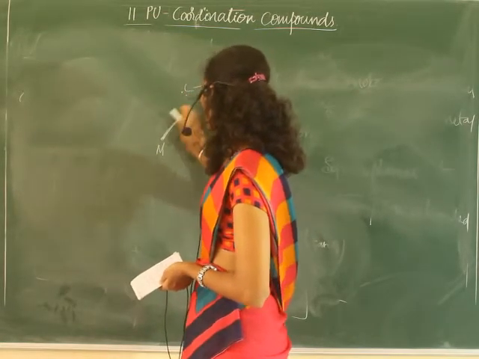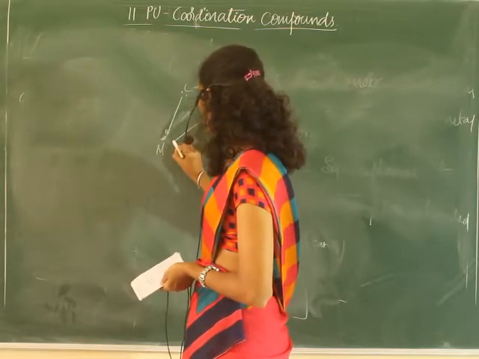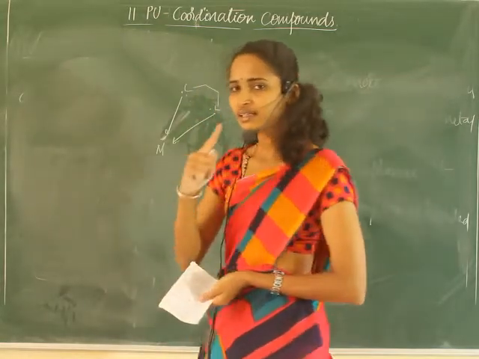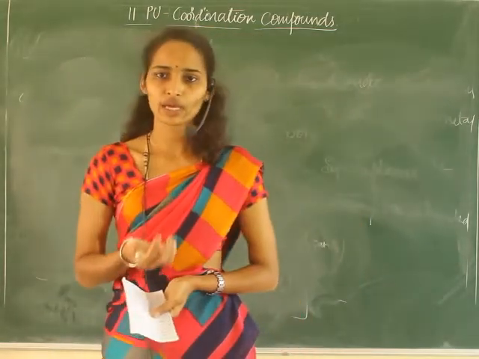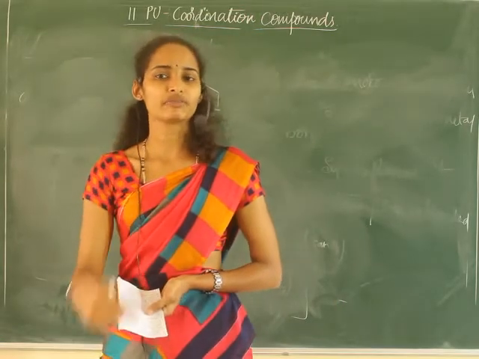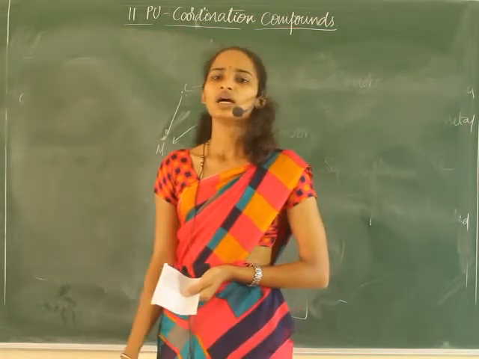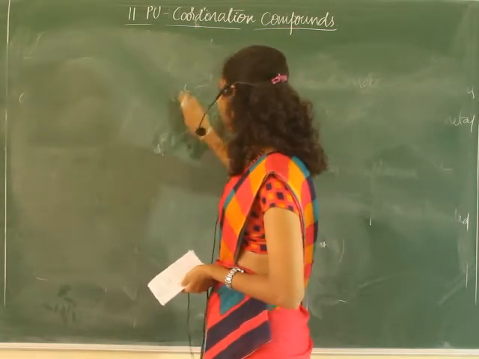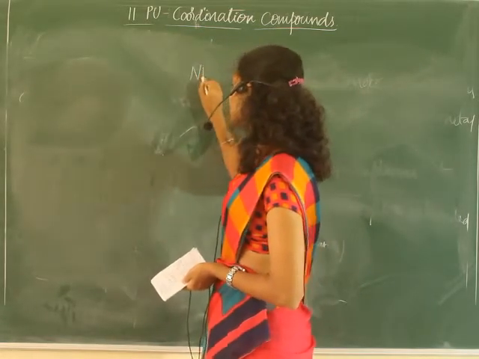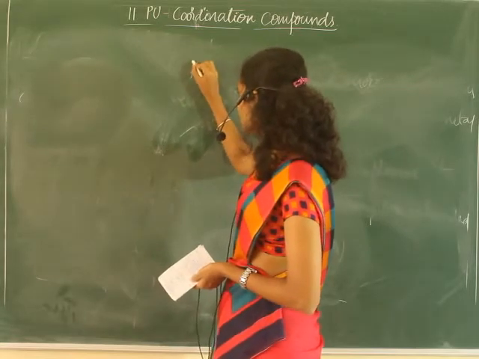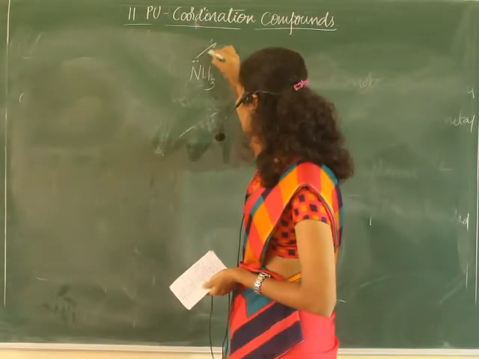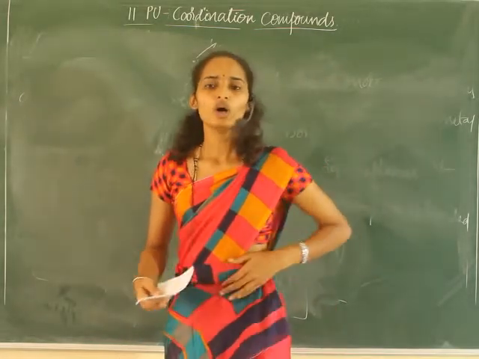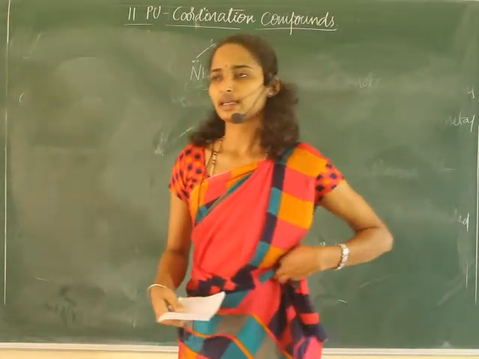If it forms 2 points of attachment, that is, a single ligand or donor group can donate 2 pairs of electrons, then it is called a bidentate ligand. I have given an example already. If there is NH3, the nitrogen can donate a pair of electrons, hence ammonia is an example of a monodentate ligand.